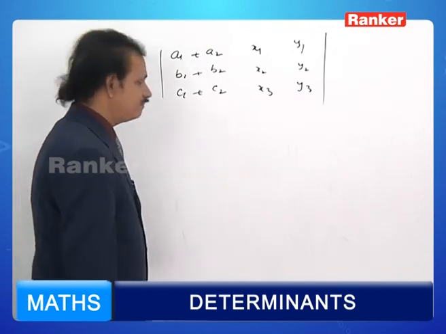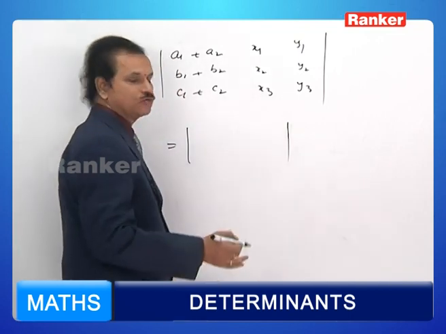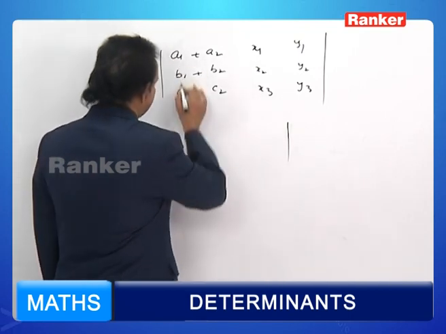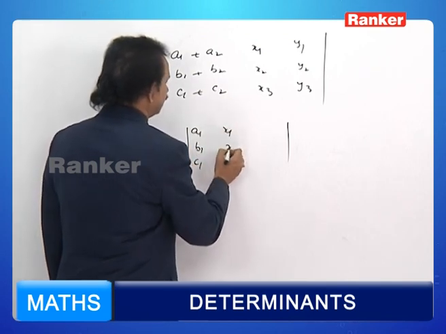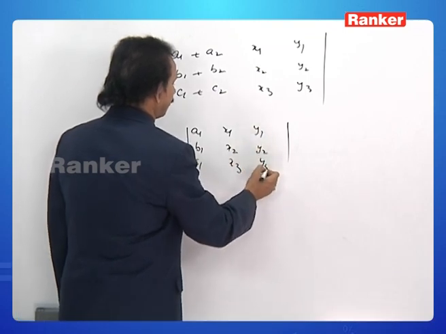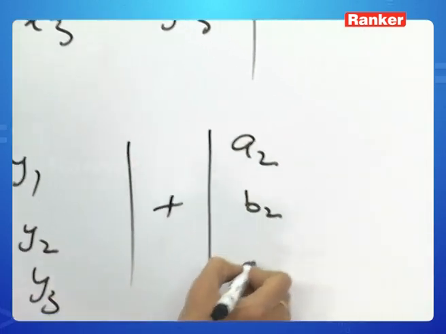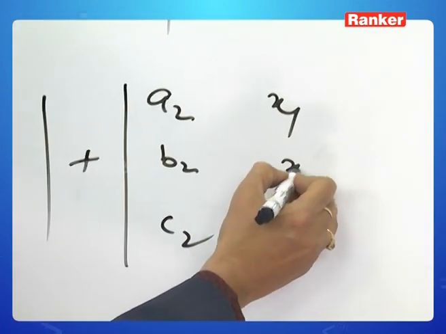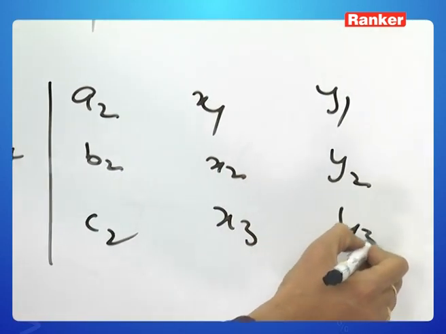Such a determinant can be split as the sum of two determinants, with the first set A1, B1, C1, X1, X2, X3, Y1, Y2, Y3 and A2, B2, C2, X1, X2, X3, Y1, Y2, Y3. Like this we can split.